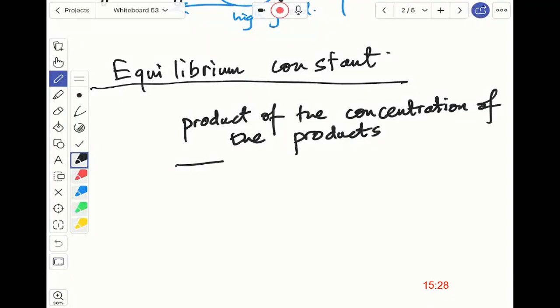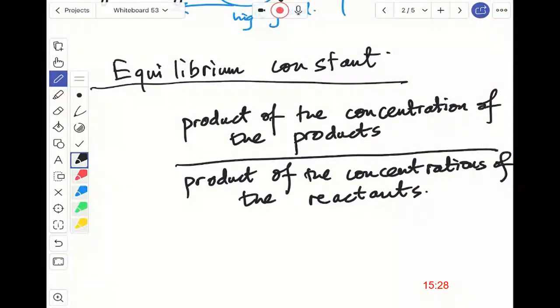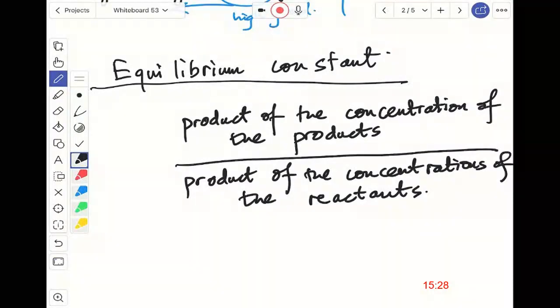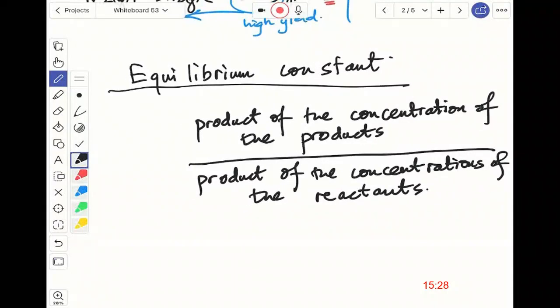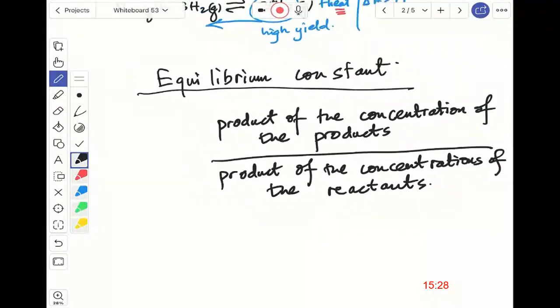So note, the equilibrium constant is the product of the concentration of the products divided by the product of the concentration of the reactants. And we're going to give that a short name, we're going to call it Kc.